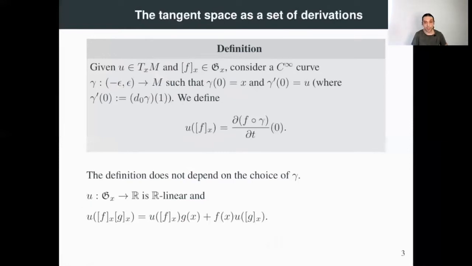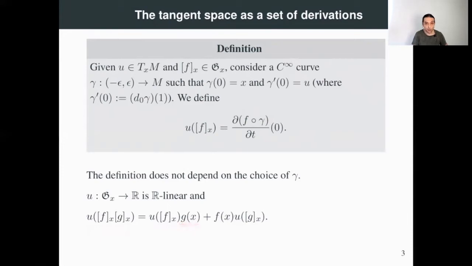Our map U is R-linear. This is very simple. It's because the derivative of a sum is the sum of the derivatives, and the derivative of the product of a function and a real number is the real number times the derivative of the function. And moreover, since this composition is a real function of an interval of the real line, we're going to have that the derivative of a product is going to be the derivative of the first function times the value of the second function at the point x, which is well defined.